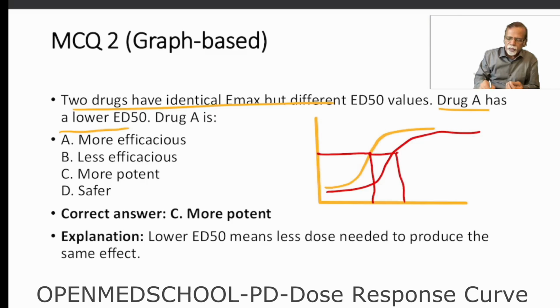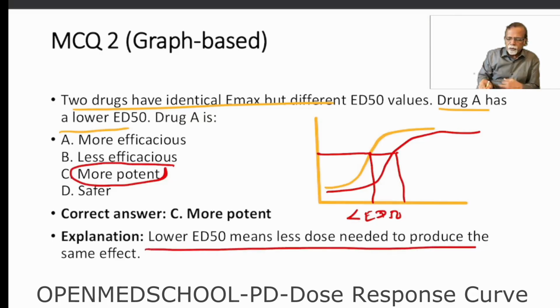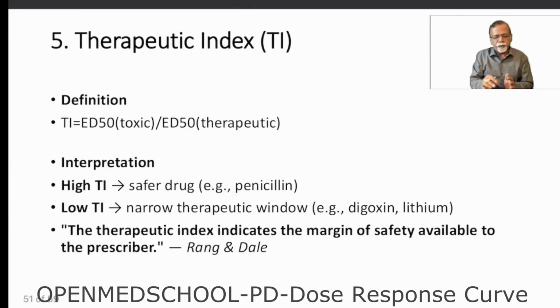Drug A has got a lower ED50. So what is the inference? The drug is more potent. So lower ED50 means less dose is required to produce the same effect. So potency implicates the dosage required to produce the effect.